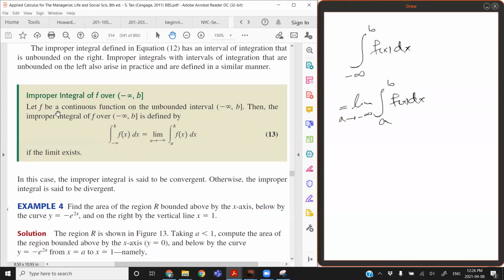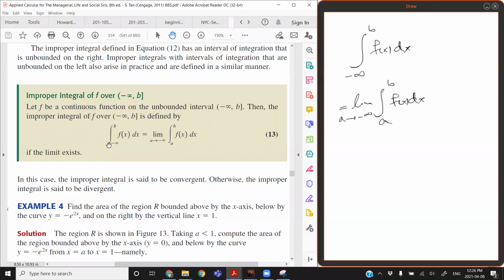So we have this definition here: improper integral over an unbounded interval from negative infinity to b. If f is a continuous function on an unbounded interval from negative infinity to b, then the improper integral of f over this interval is going to be defined like this.